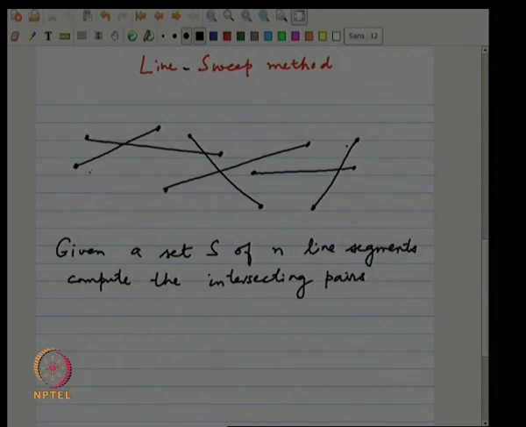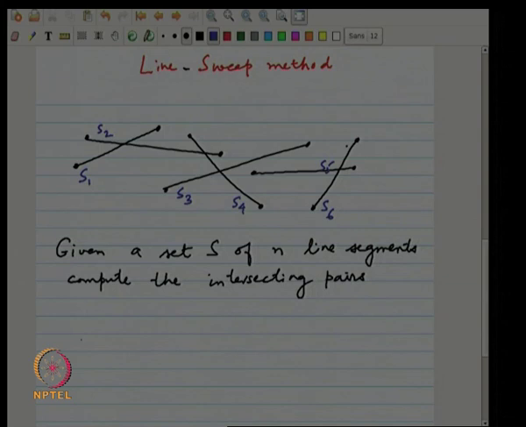So I can name them: call this S1, S2, S3, S4, S5 and S6. So there are 6 line segments in this particular figure.